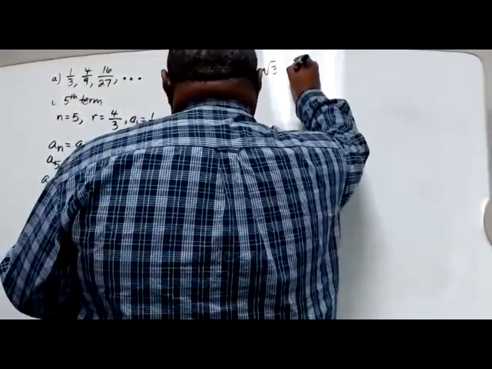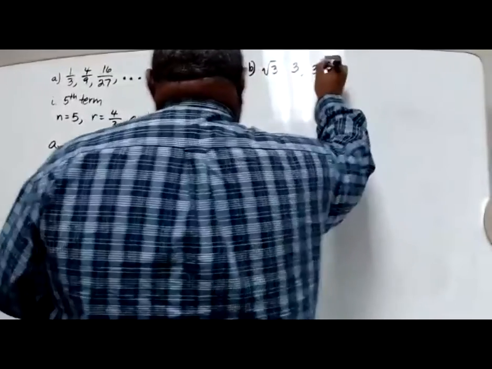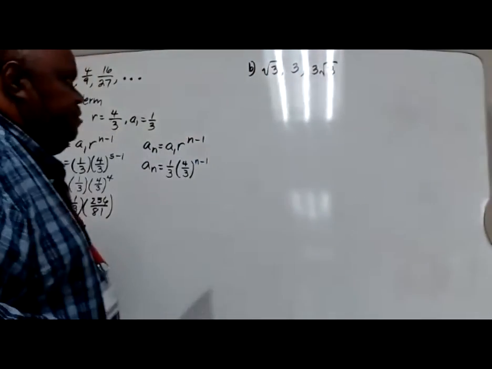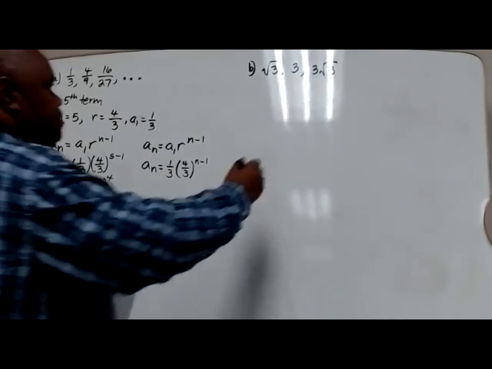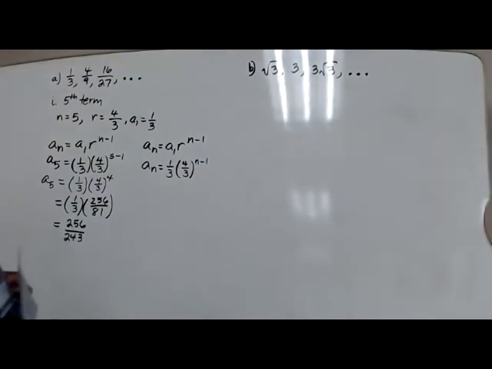All right, now part B is this. Say you had something like this, a geometric sequence: square root of 3, and then 3 square root of 3, and so on.